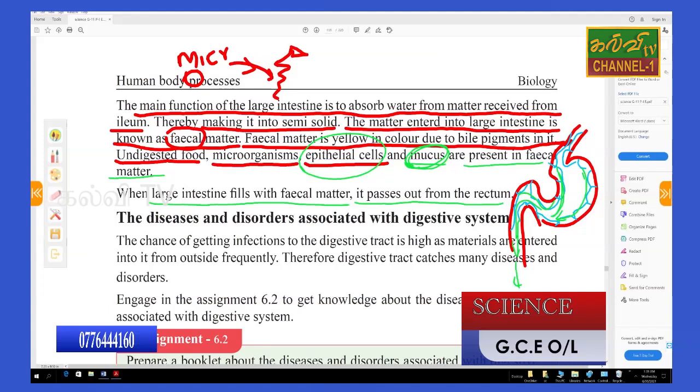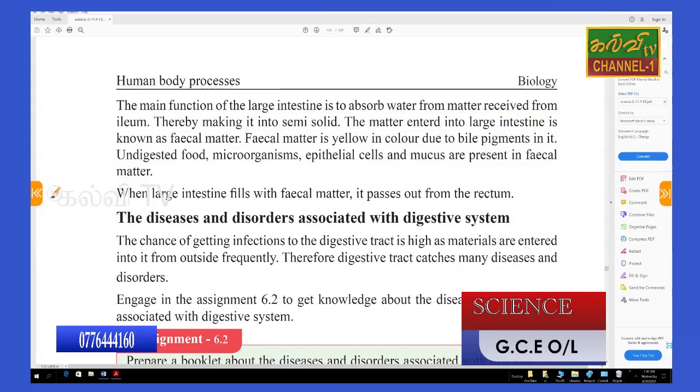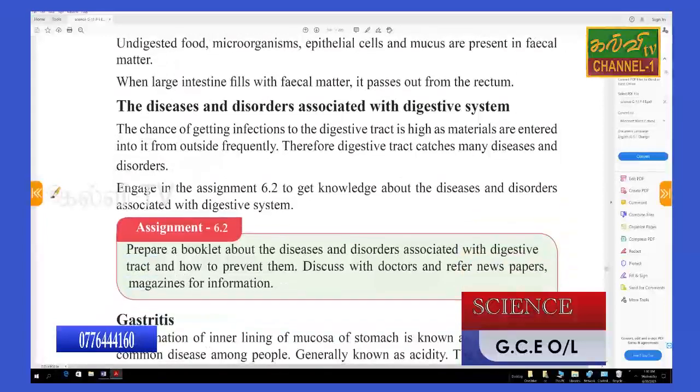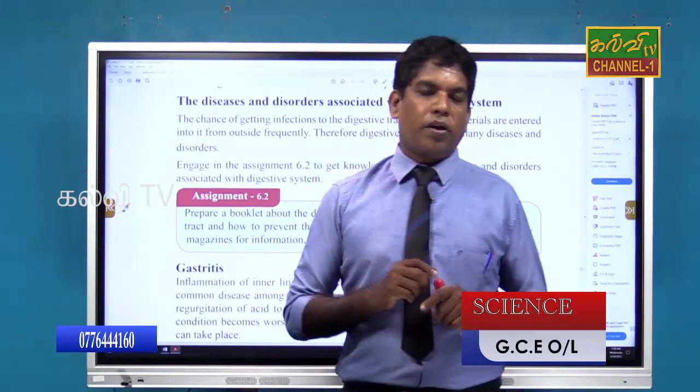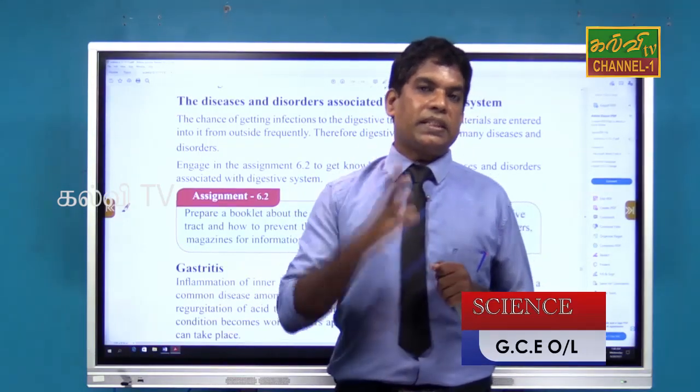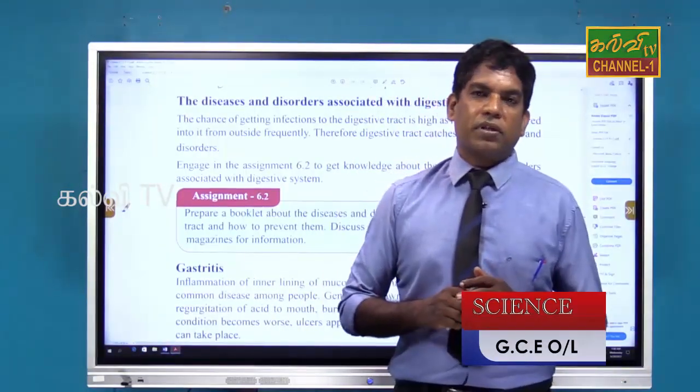So now we are going to study the next portion, the diseases and disorders associated with digestive systems, right? We must know the diseases of digestive systems.